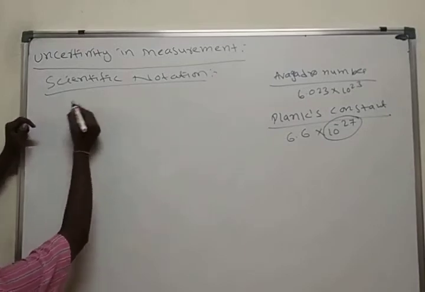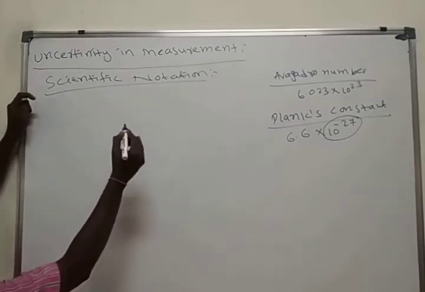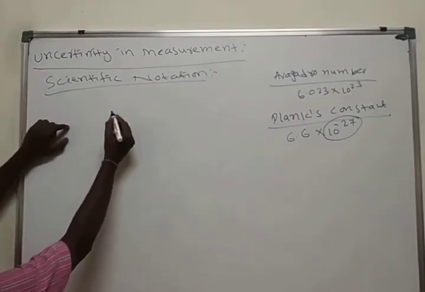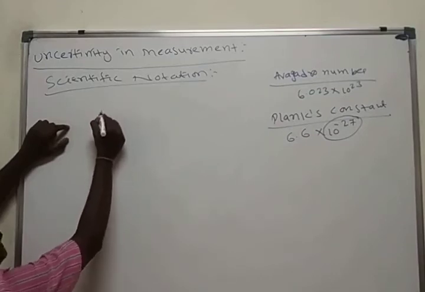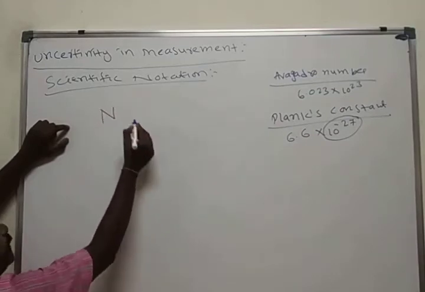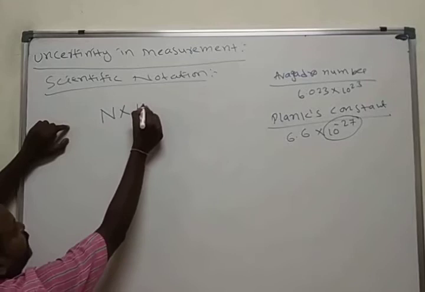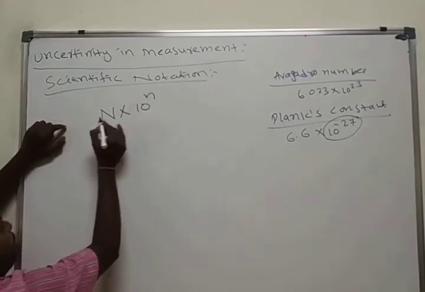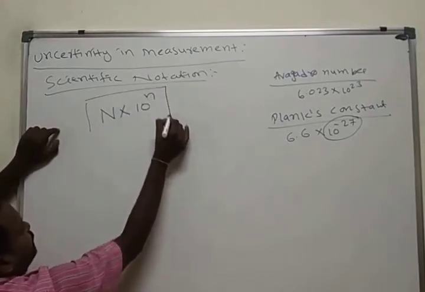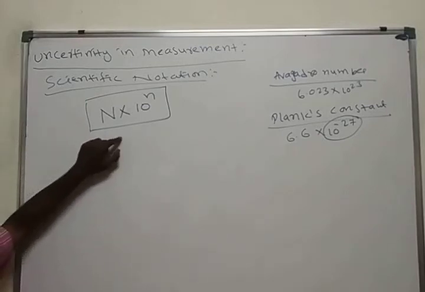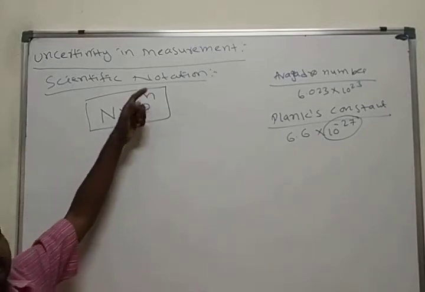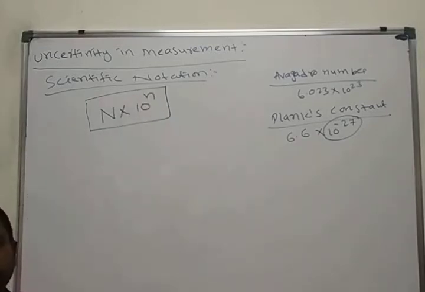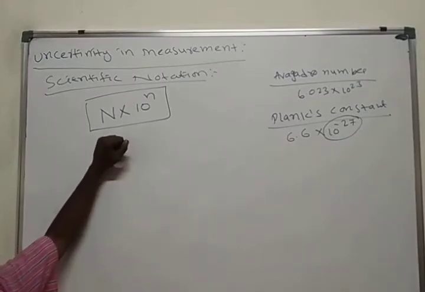The mathematical expression of scientific notation is capital N into 10 to the power of small n. This is the principle.